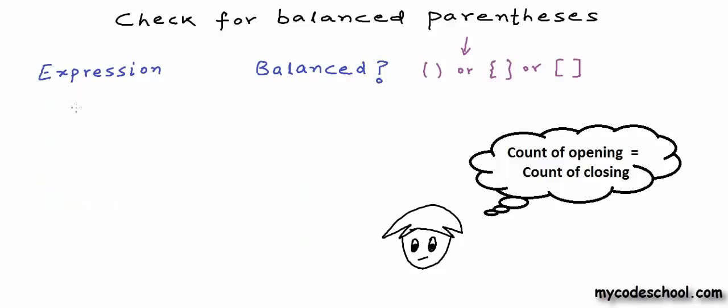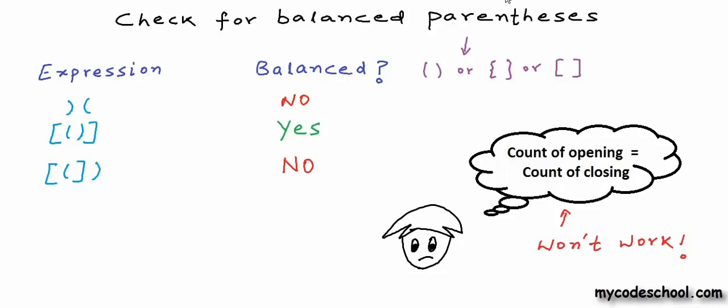But it will not be good enough. This expression here has one opening parenthesis and one closing parenthesis, but it's not balanced. This next one is balanced, but this one with same number of characters of each type as the second expression is not balanced. So this approach won't work.